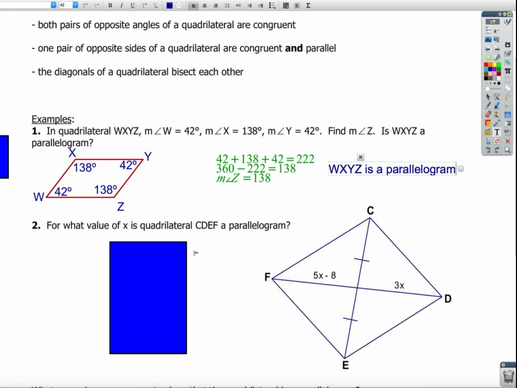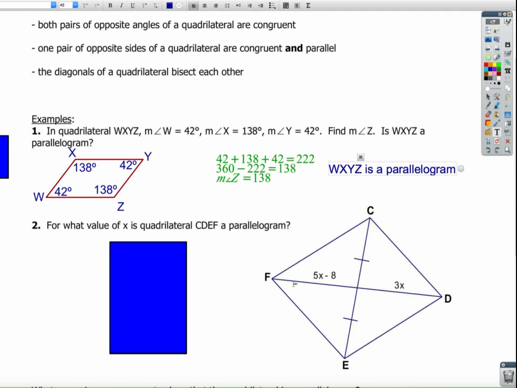Now, looking at example number 2. For what value of x is quadrilateral CDEF a parallelogram? Well, when I look at the diagonals in a parallelogram, both diagonals need to bisect each other, or cut each other in half. I can see that CE is already cut into congruent pieces, as that's what these little tick marks indicate.